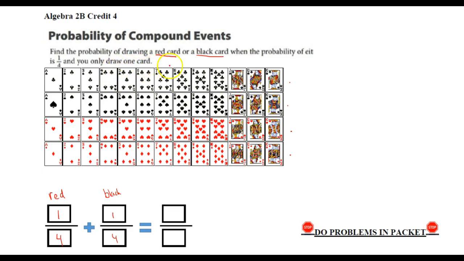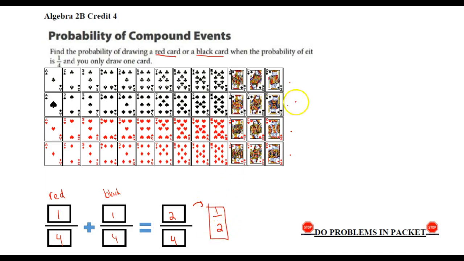The reason I'm using them both is because they have an equal chance of happening. So 1/4 plus 1/4, well, we know how to add fractions. What's 1 plus 1? 2. We don't add the denominators, and we can reduce, so make sure you're reducing that. That would reduce to 1/2.